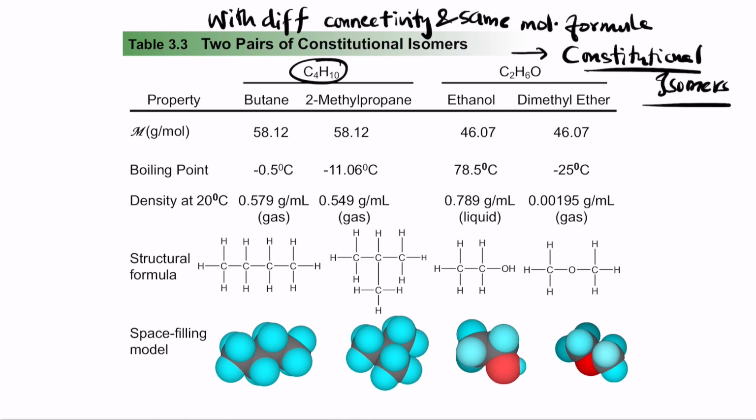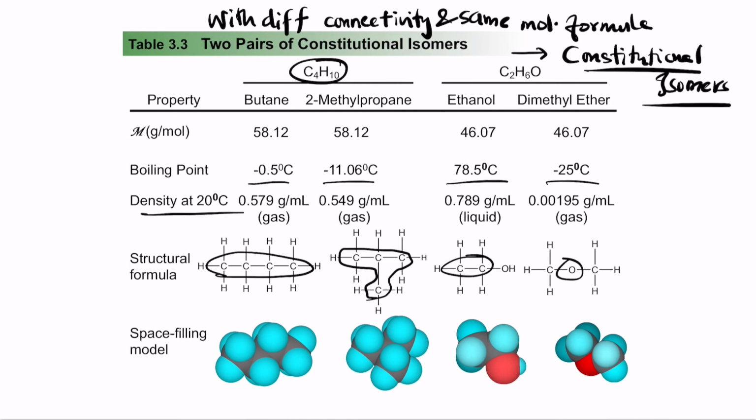For example, if you look at the carbons, notice the carbon arrangement is different in both molecules. In the same way, in these two molecules as well, the attachment of oxygen is different in each of them. That's why you see a difference in their boiling points, their densities, their structural formulas, and also their space filling models, even though their molar mass stays the same.